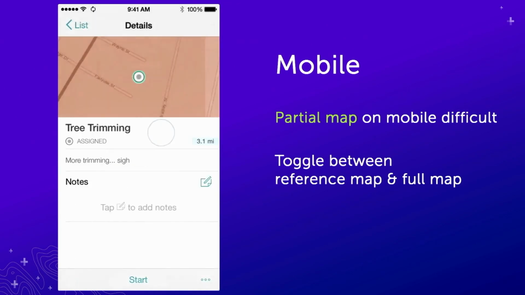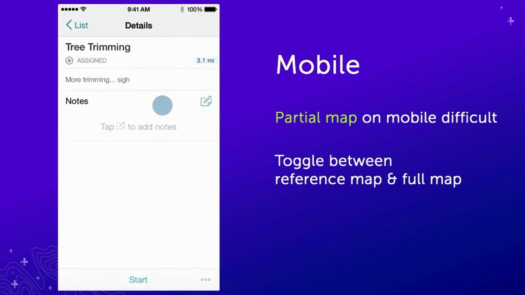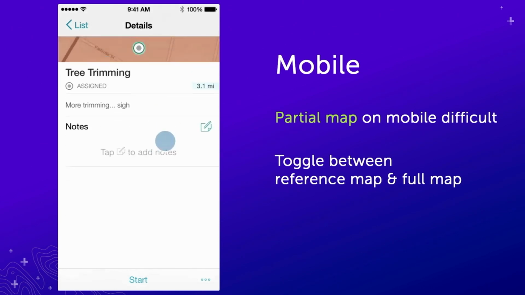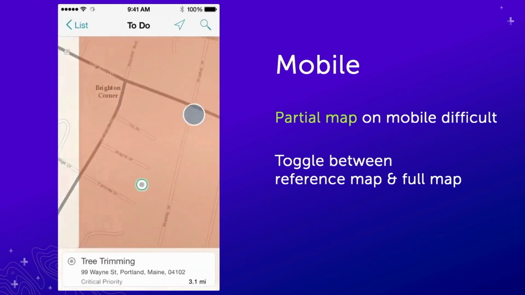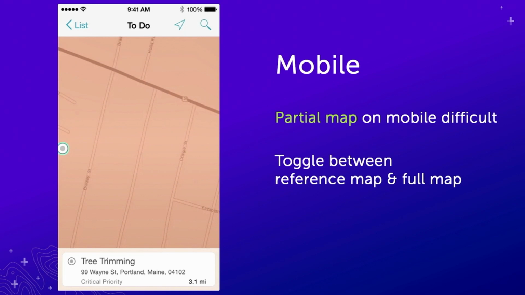When you click on one of those list items, you get to the details, and you have a reference map, and the reference map is not dynamic. But what you can do is click on the reference map, which now toggles to a full map, and the map is fully interactive.